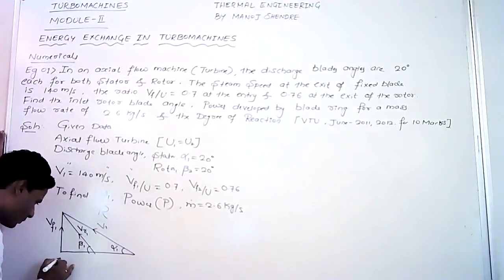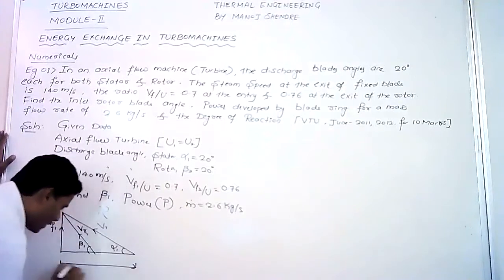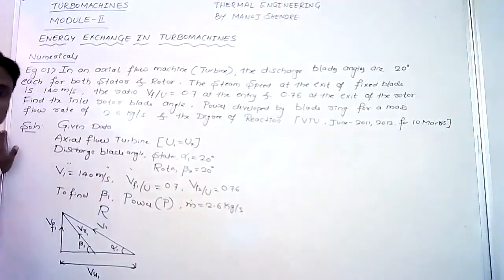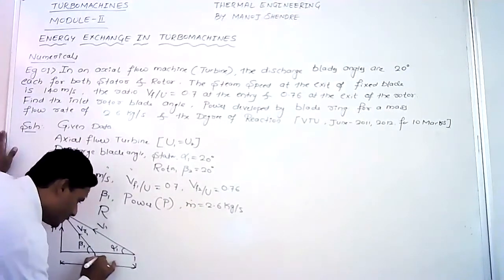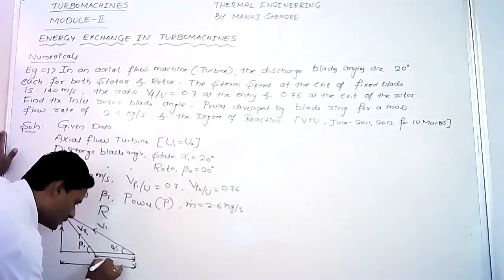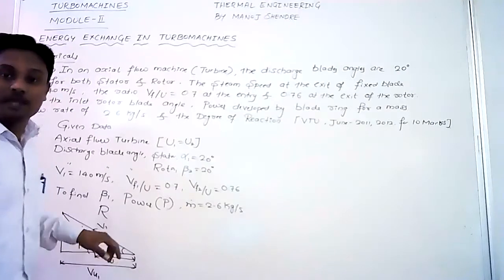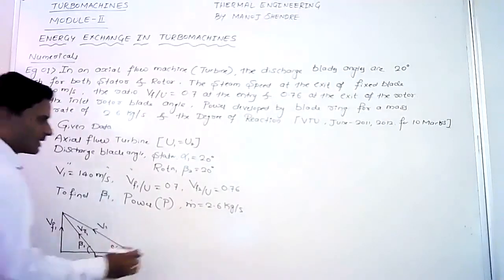The third is the tangential velocity component, VU1, and this vector is U, the tangential velocity of the blade. So this is the inlet velocity triangle. Let me write here.